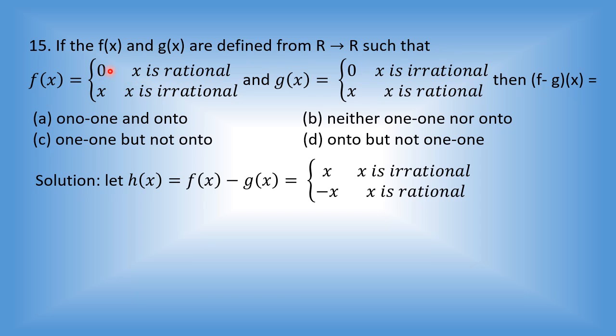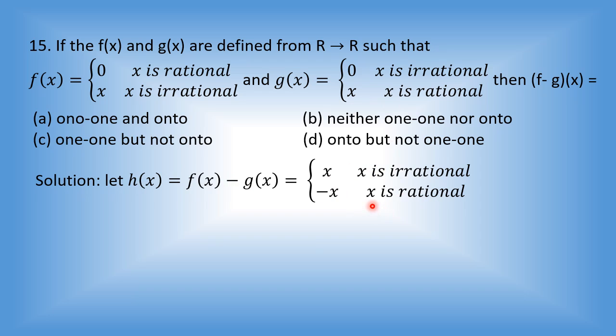So we can neglect this one, because for all rational numbers f of x gets the value 0. Here also for all irrational numbers, g of x gets the value 0. Now we combine these two. Therefore, f of x minus g of x gets the value x when x is irrational, and g of x gets the value x when x is rational. So this minus sign is because of this. So h of x is defined in this way.